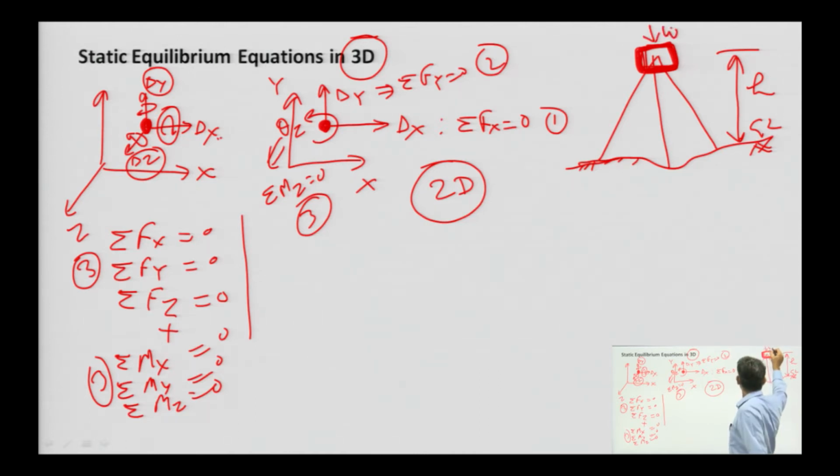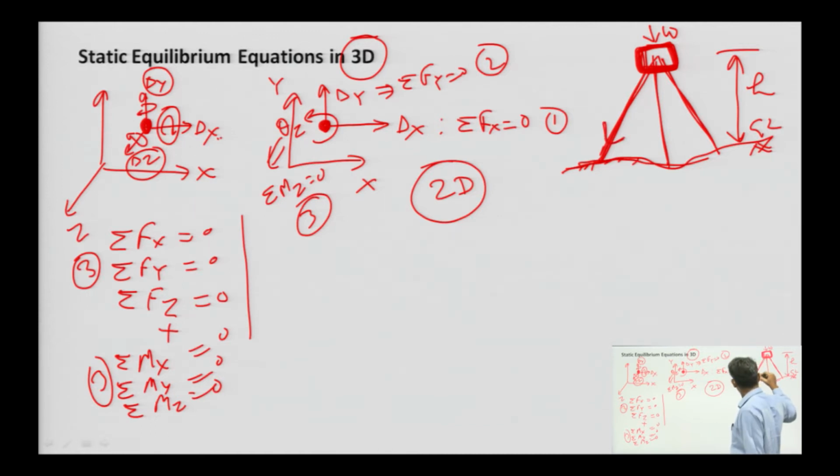W, and that load has to be transferred to the earth by means of these legs of the tripod. They are giving pressure.